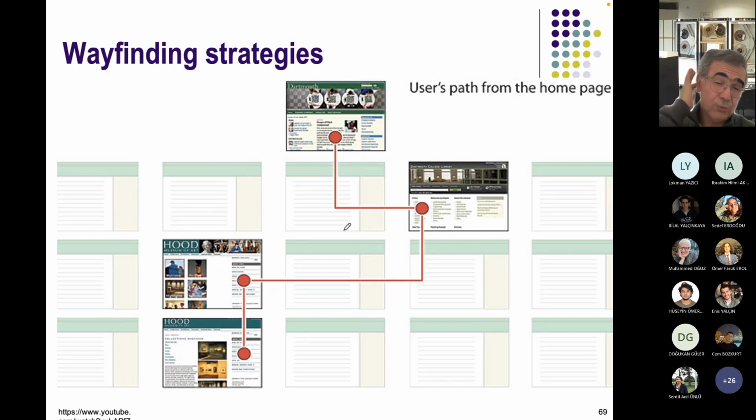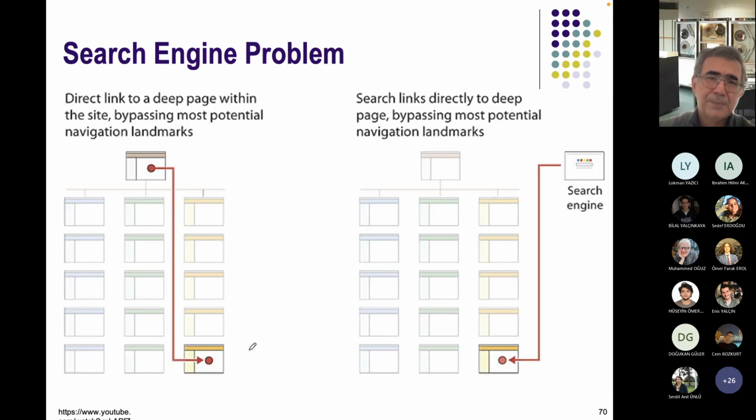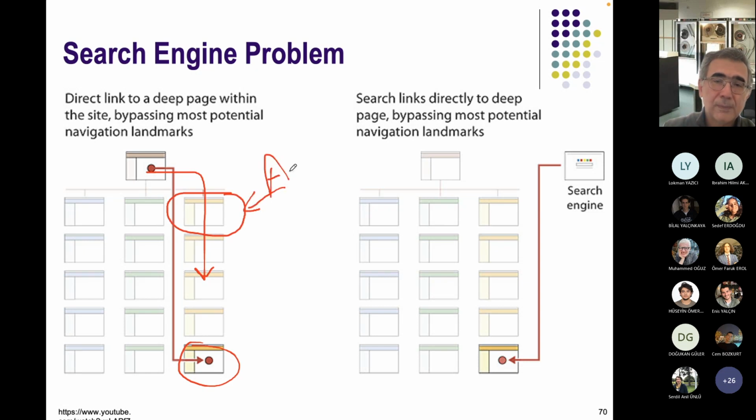So as you move through the web, you jump from one location to another location and another. This is the usual behavior of a user. When using the search engine, you directly go to the last page. You don't go from the beginning. Therefore, if you have something to show here, like an announcement, people miss it.